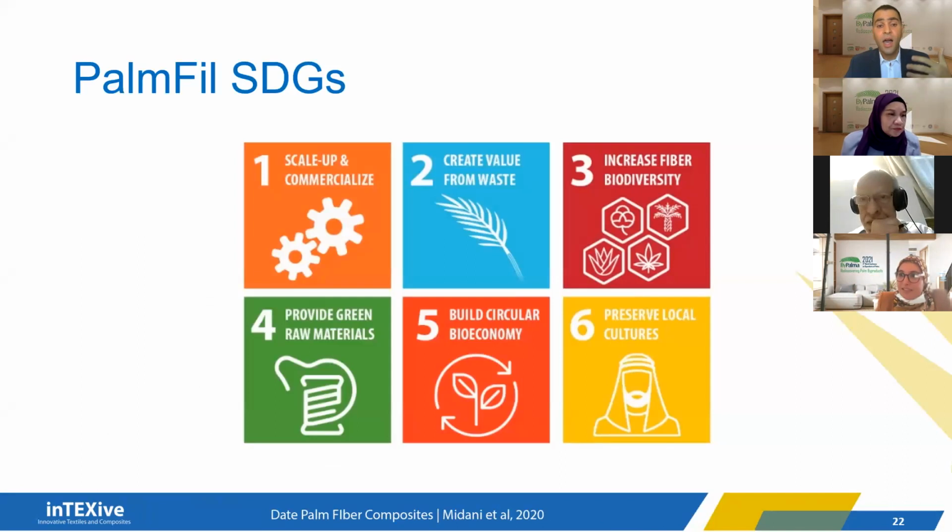And finally, our major goals for the Palm Fill project are to scale up and commercialize an innovation that benefits the economy, the society, as well as the environment, and to create value from the agricultural waste from date palm byproducts, and also to add a new natural fiber to the natural fiber library and increase the biodiversity of fiber crops, and also to provide the industry with a sustainable raw material that can help them become greener, and also to build and support the sustainable development of rural communities and build circular bioeconomies based on this new innovation.